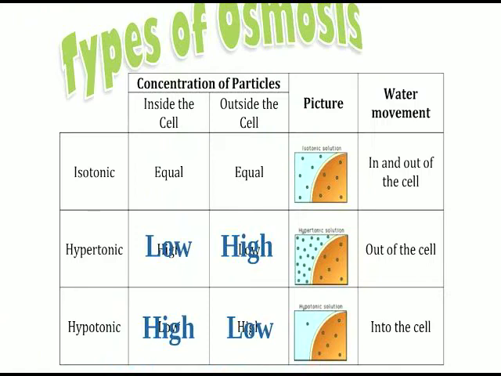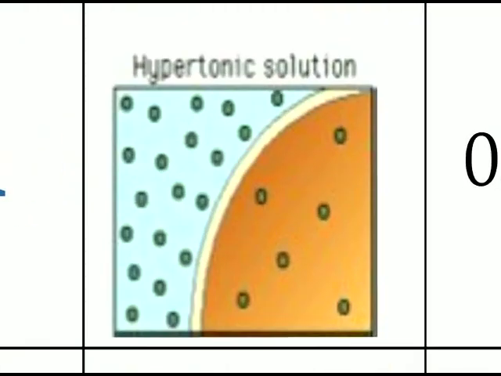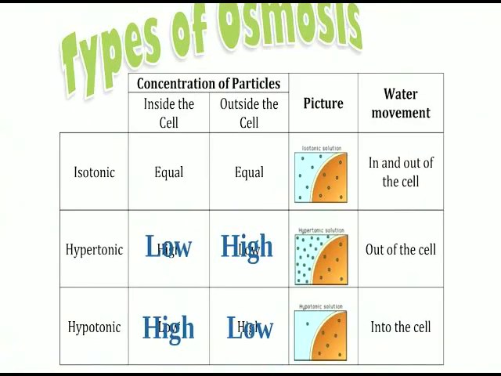The second kind of osmosis is a hypertonic solution. In a hypertonic solution, you have more solute on the outside of the cell than you have on the inside. So you have a high concentration of particles outside of the cell and a low concentration of particles inside the cell. And if this is the case, the water inside the cell is going to move out of the cell to dilute the surrounding area.